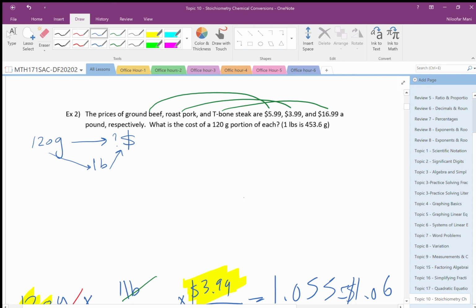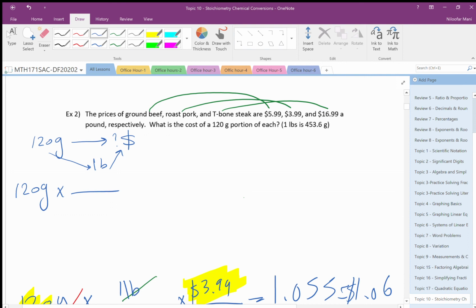I have to look at my question and see what I have here. What I have is a relation between dollar and pound, but I also have something between pound and gram. So it is the cost of a 120 gram portion: 120 grams multiplied by, so I cancel gram and gram, so I have to go to pound.